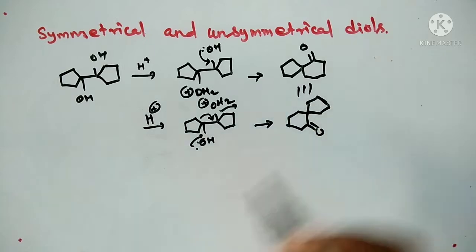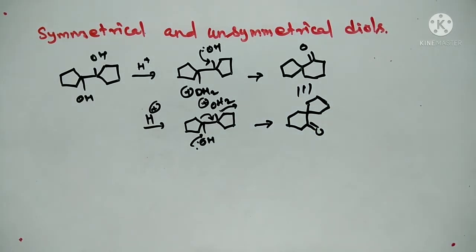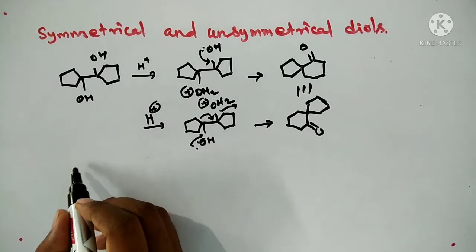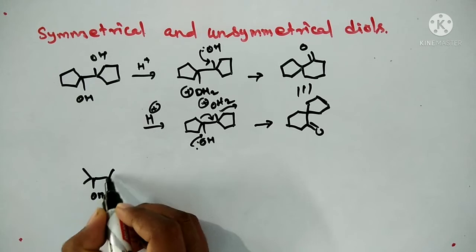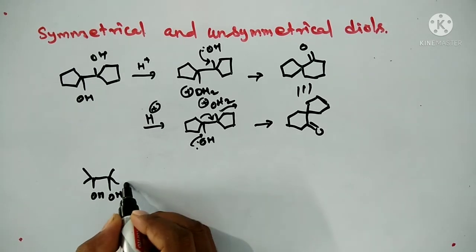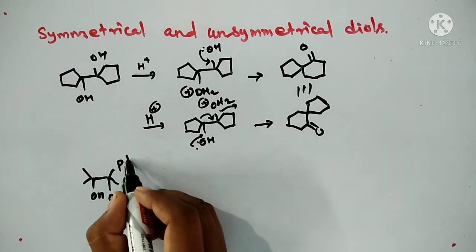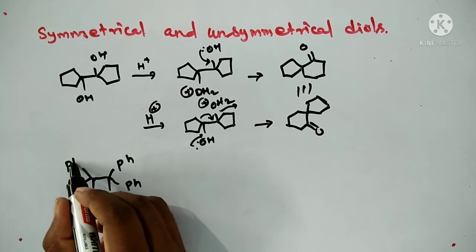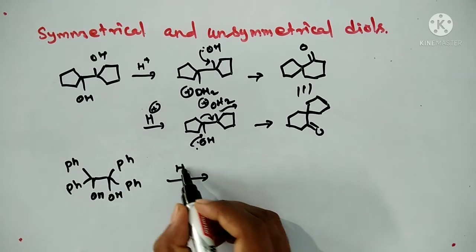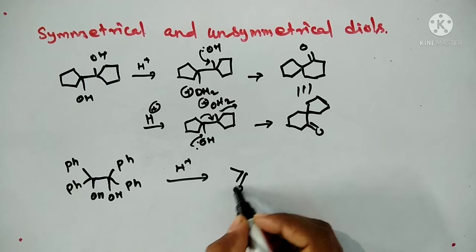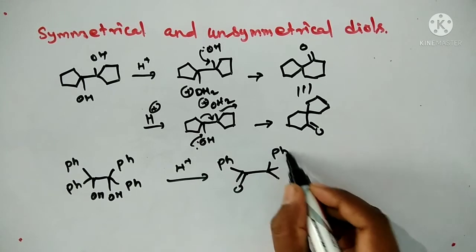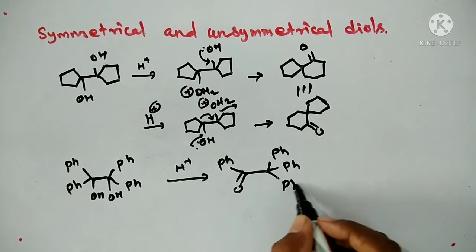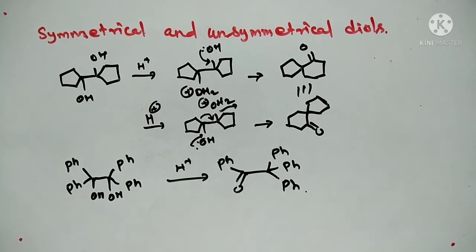Both products are the same in the symmetrical case. If you take another example, a diol with phenyl, phenyl, phenyl, phenyl, you will get the ketone product.